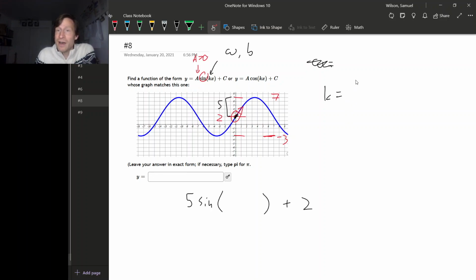Since we're using sine, the numerator in this formula is the period for sine, which is 2 pi, divided by the period for our graph. And our graph, let's see, the period, one cycle starts here, which is, I guess, -10.5, which is a clumsy number, and it goes up to here, which is 3.5.